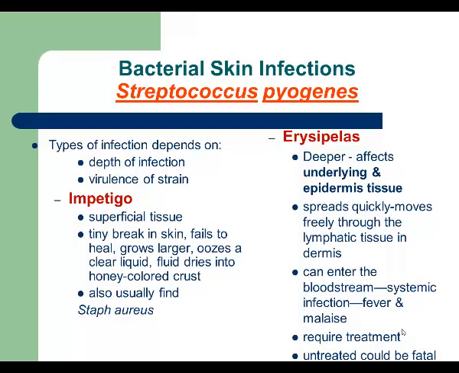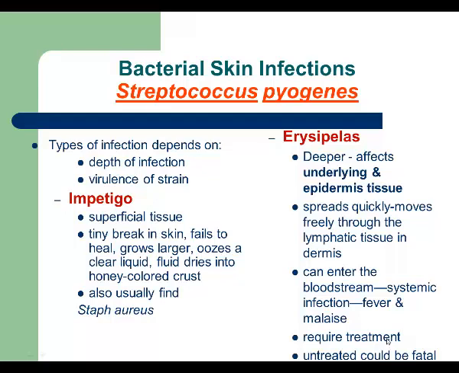Eventually that fluid dries out into what we call honey-colored crust, and that crust can get broken again and it starts oozing again. If you culture that liquid that comes out of that lesion, besides Streptococcus pyogenes, you almost always will be able to find Staphylococcus aureus.